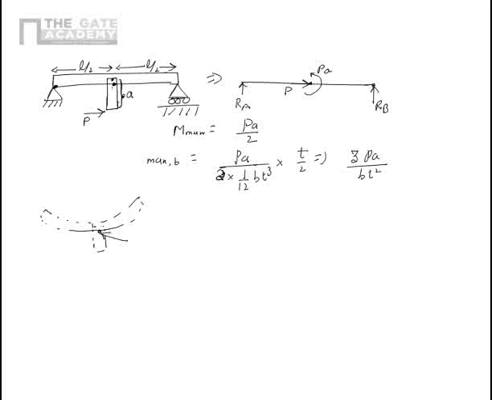At this point, sigma max B is equal to 3PA upon Bt square. Right. Now besides this, there is a longitudinal stress which is again uniform because P is uniform. So that will be P upon Bt.